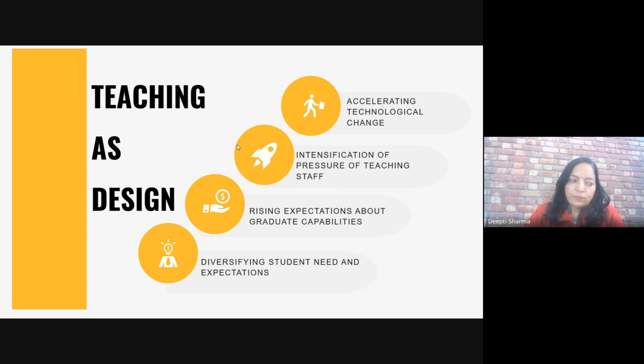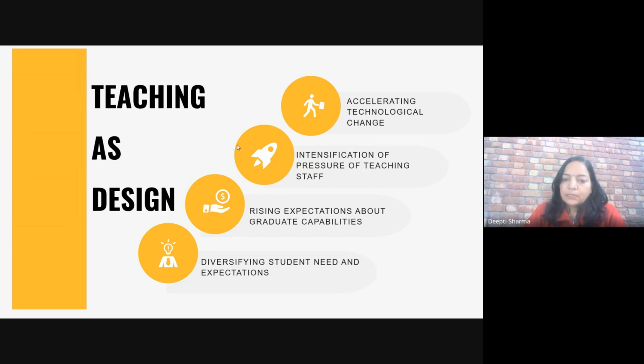So every higher education teacher is required to understand the students' actual needs, how much they have already learned through technology, and how much they are expecting from faculty members.